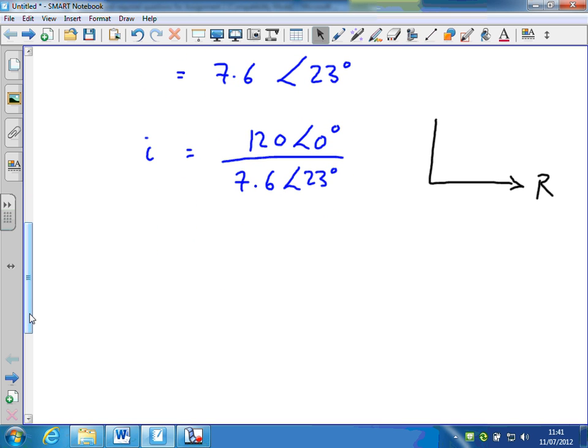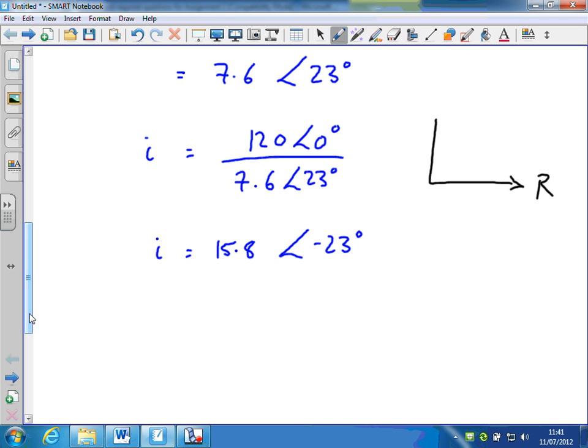Now we do the division. I equals, divide the moduli and subtract the angles. So 120 divided by 7.6 is 15.8 to 3 significant figures, and the angle is 0 minus 23, which is minus 23 degrees.